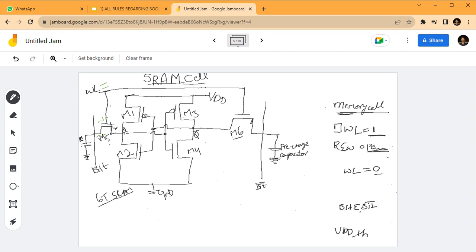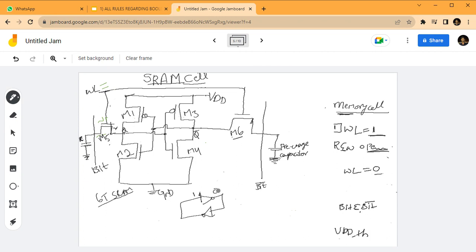In this example, the memory cell M1, M2, M3, M4 is also represented using inverters. One inverter's output is connected to the other inverter's input, and that inverter's output is connected back to the first inverter's input. Therefore, if we give input 1 to the inverter, the output will be 0.